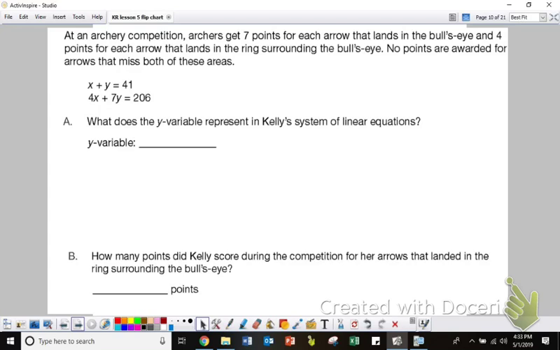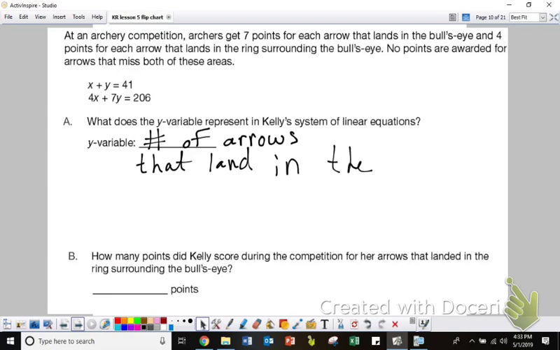So we're looking for, what does the y represent? So what we want to call the variable y is the number of arrows that land in the bullseye.